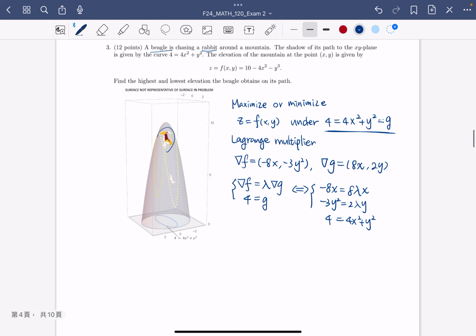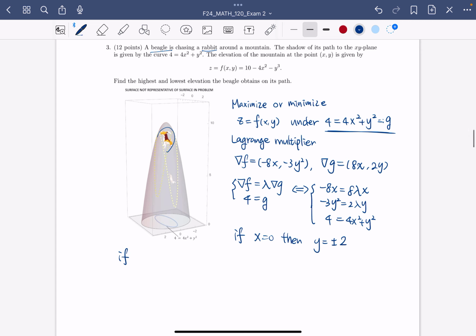So if x equals 0, then we don't know about lambda, but we can deduce from the last equation the value of y: y equals either positive or negative 2.